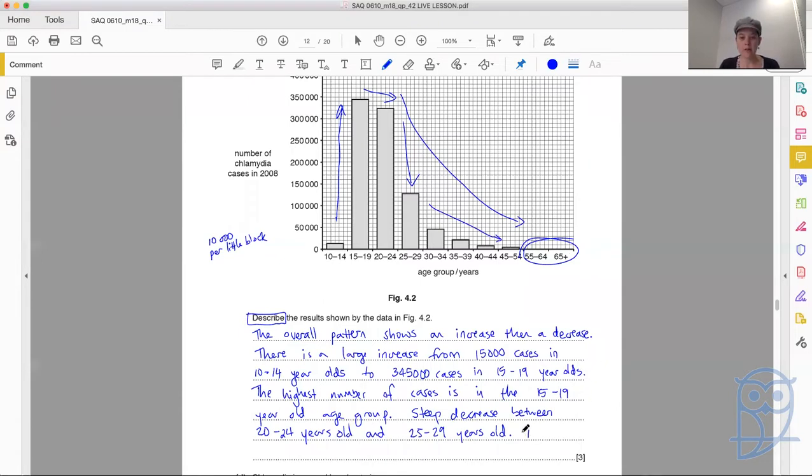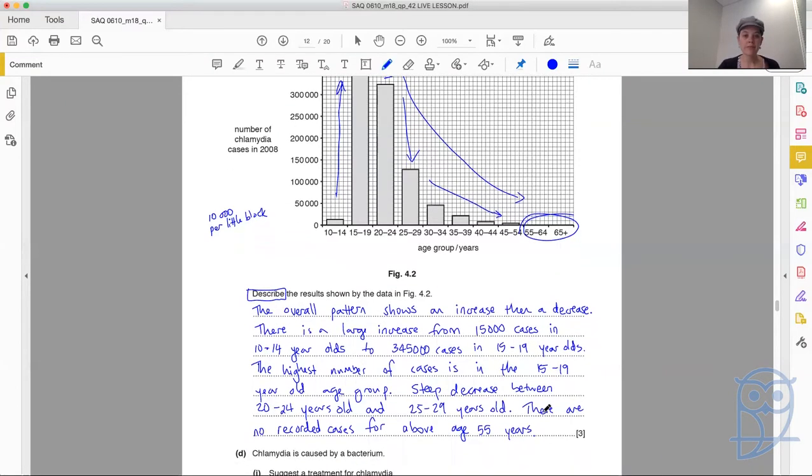So there are no recorded cases for above age 55 years. So we filled our space nicely and thoroughly with very specific descriptions of the graph. So when you're asked to describe, you only describe.